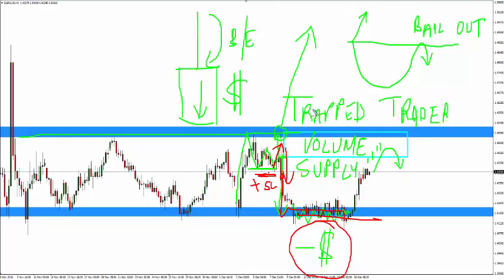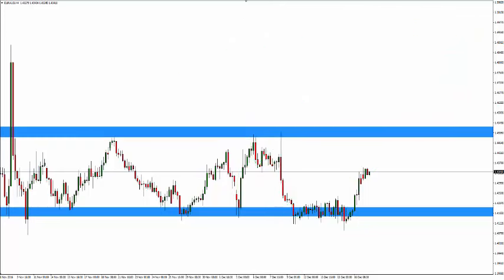So let me just clear this up a little bit. We have traders in here trapped, and going through that process that we've just run over, we understand the motivation for that action. They are going to exit their buy positions at break even because they've been losing money all this period of time.